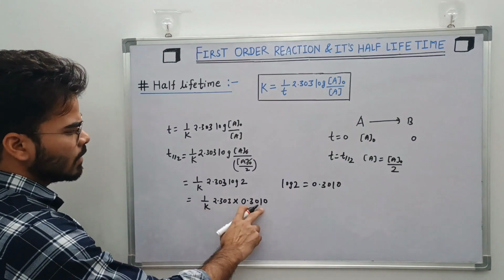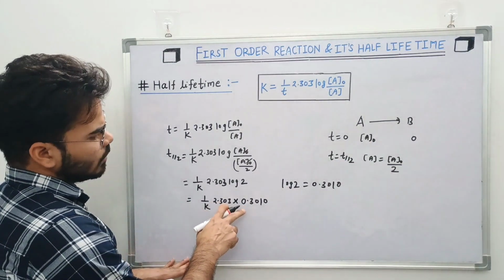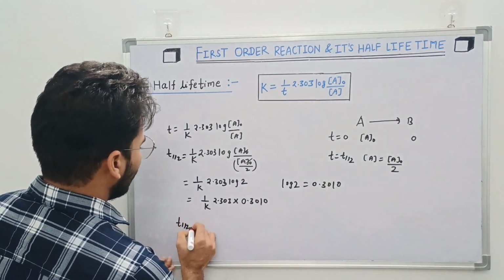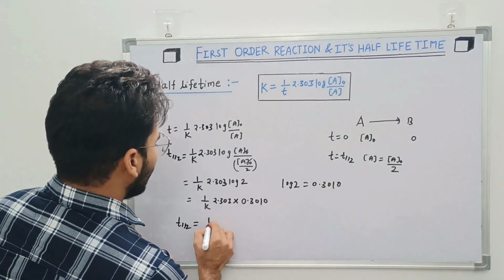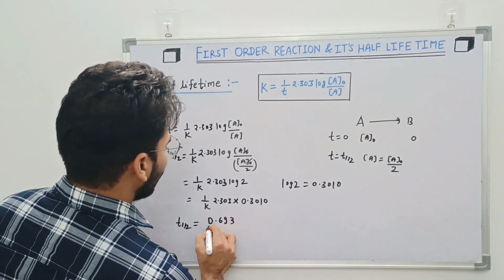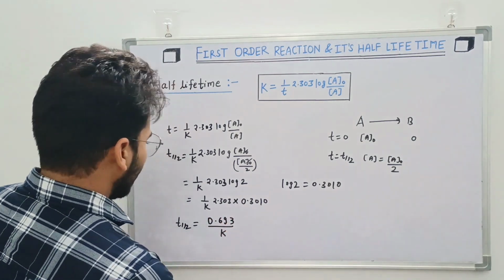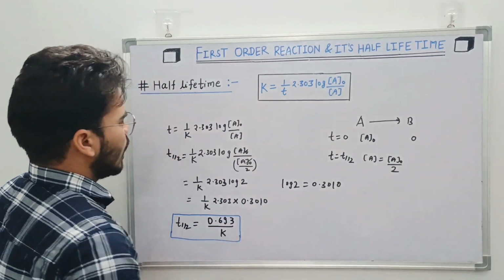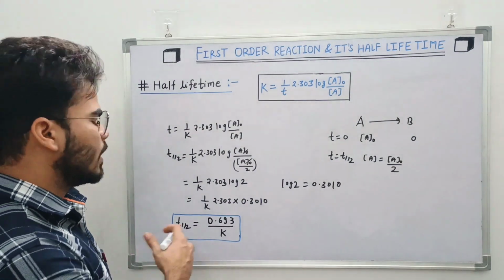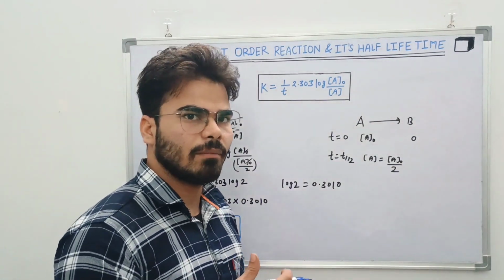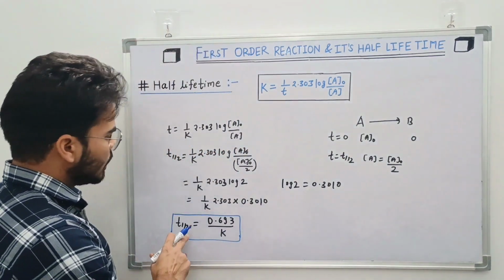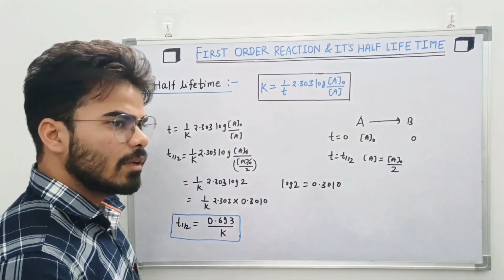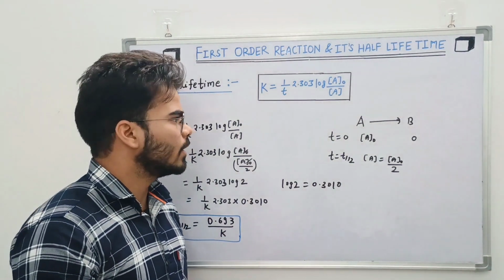When we multiply 2.303 into 0.3010, we get T half is equal to 0.693 upon K. So this is our final expression for half lifetime, that is T half is equal to 0.693 upon K. So you can see that our half lifetime does not depend on the concentration of reactant or product.